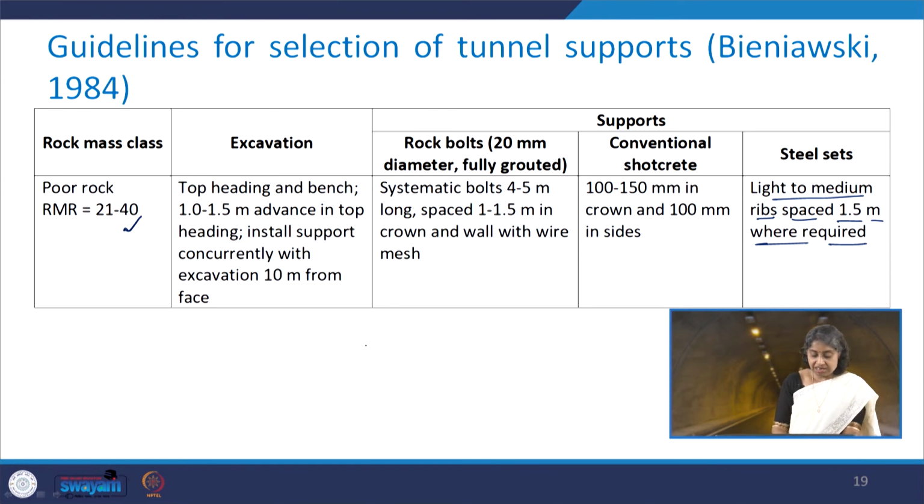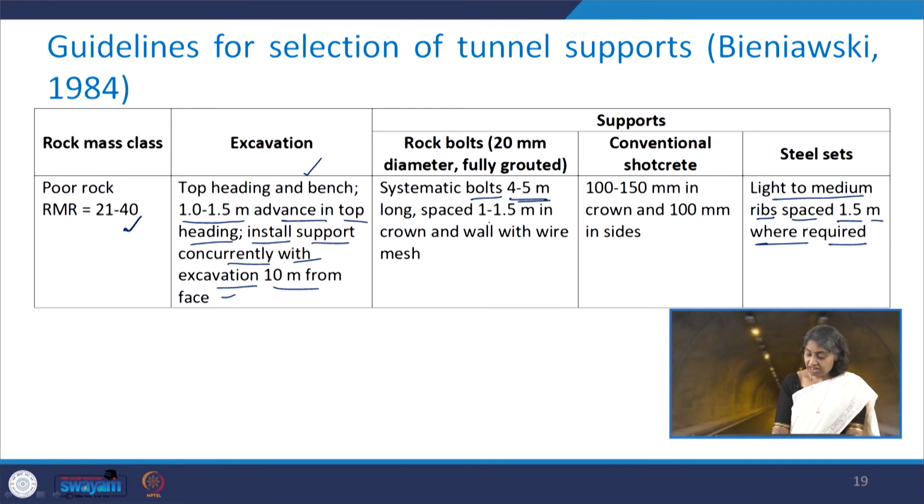In this case, the top heading and benching method of excavation is adopted with 1 to 1.5 meter advance in the top heading, and one needs to go for the installation of the support system concurrently with excavation, 10 meter from the face. Systematic rock bolts of length 4 to 5 meter should be installed.